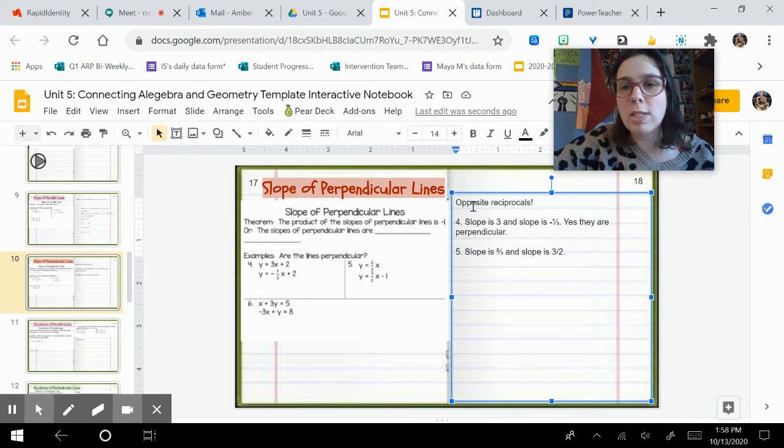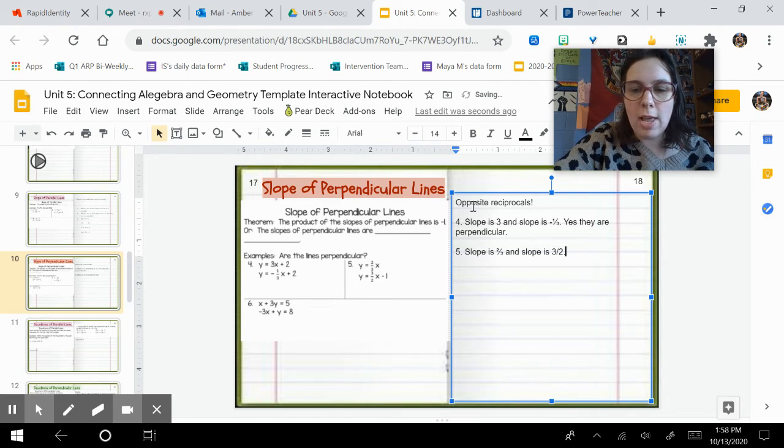So just because they're reciprocal does not mean they're perpendicular. They have to be the opposite sign. So they are not perpendicular, because they're not opposite reciprocal. Make sure it has to meet both of those requirements.